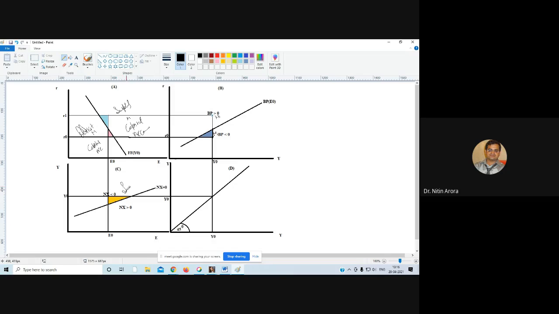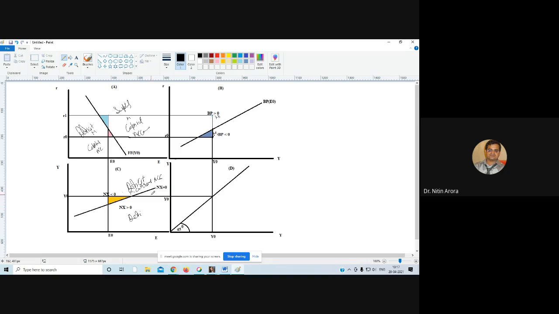This is surplus in current account. Sorry, just a minute. Deficit.